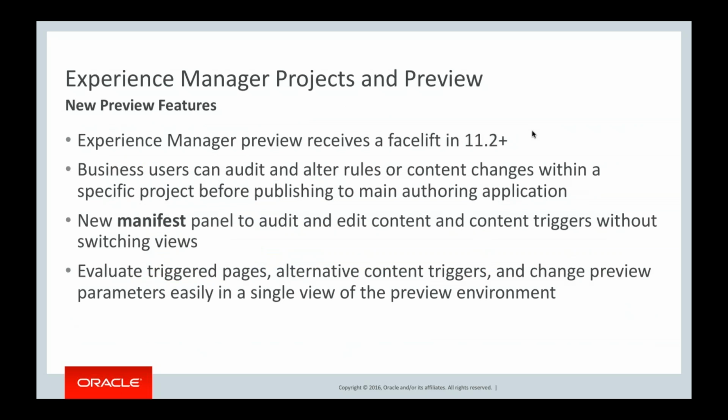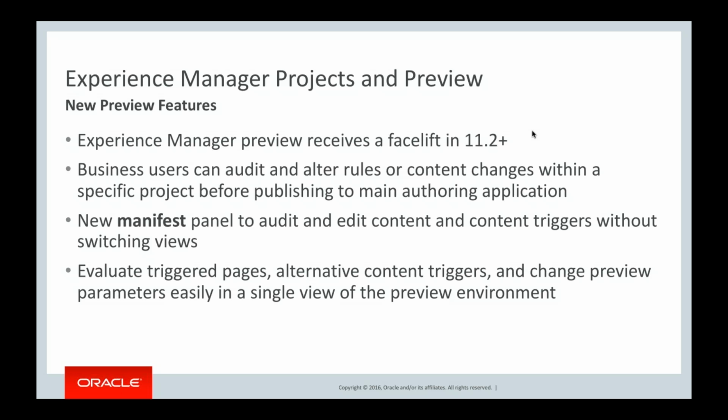Preview. With preview, as you're creating these projects, on the left-hand side you'll see this metadata panel. This metadata panel allows you to enter information like a time and a date, or a segment, or what type of device the content should be rendered on, and the rules that should be triggered when you match that information.